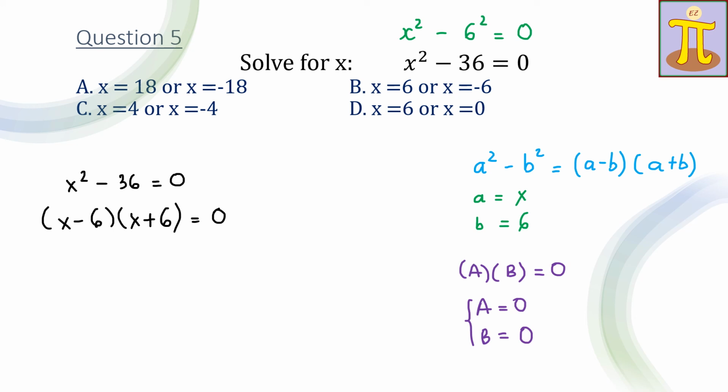So we solve for x by setting each factor equal to 0. So we have x minus 6 equals 0 and x plus 6 equals 0.